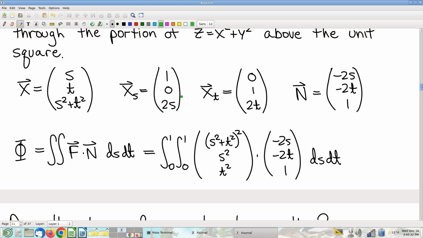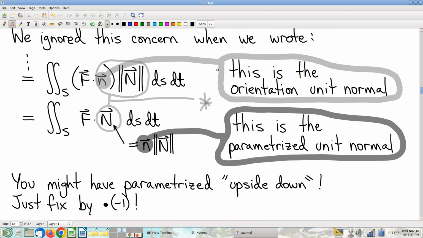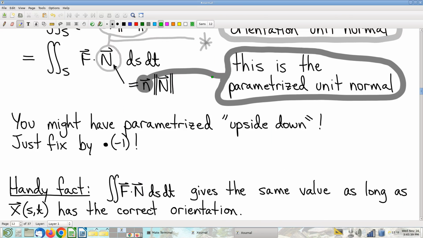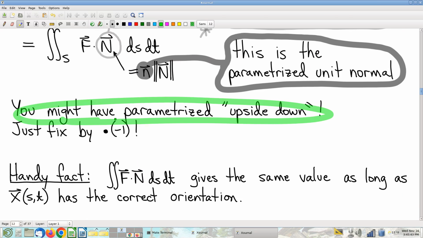So here's the good news. You don't need to actually worry about, as you're parameterizing, whether you got it right or not. Because if it turns out that you parameterized upside down, again, it's a coin flip, you'll see later, it's easily fixed. You're just off by a minus sign in all of the terms of the summation.